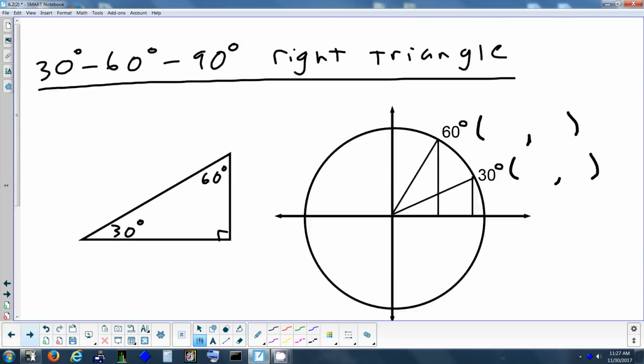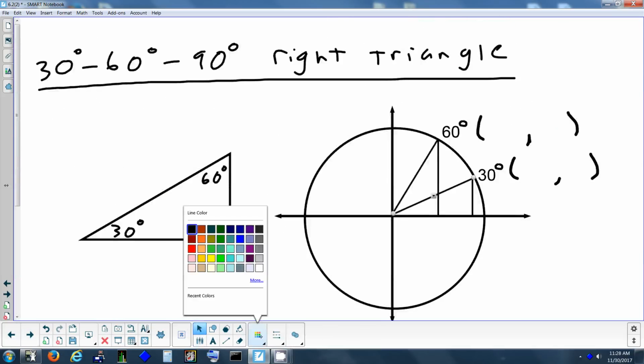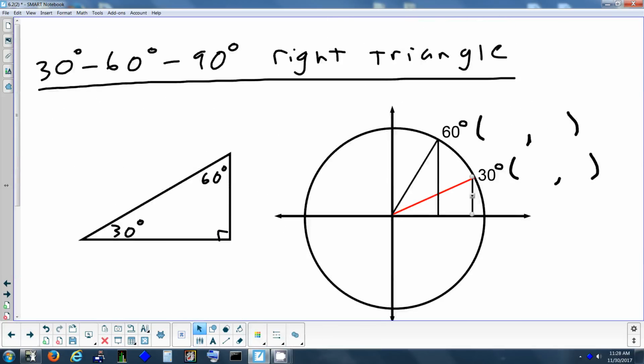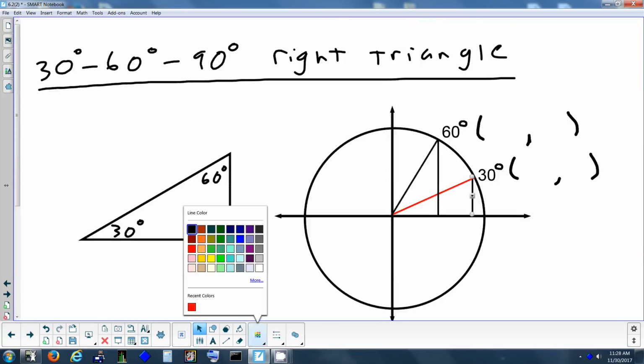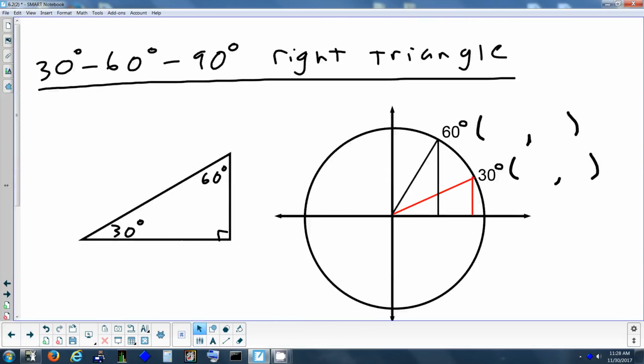And let's look at the 30 and the 60. I'll make it a different color. Okay, the red triangle, that's the 30-degree angle. The black triangle is the 60. I just drew them both on the same picture.